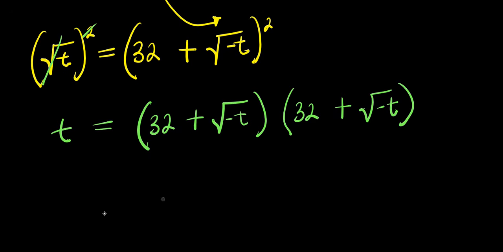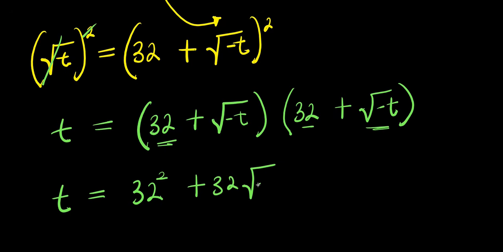Now we need to expand this. t equals 32 times 32, this is 32 squared. 32 times this, we have plus 32 root minus t. This times this, plus 32 root minus t.